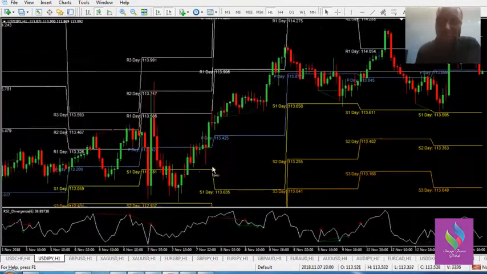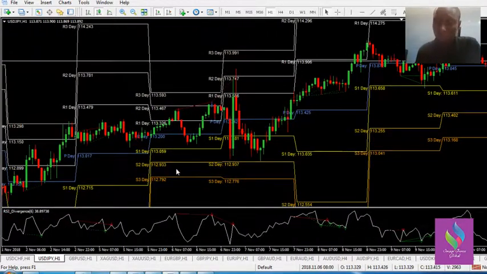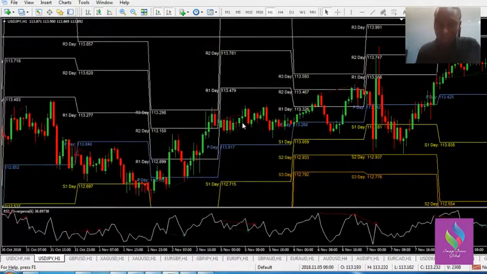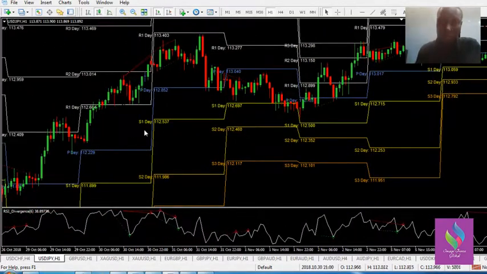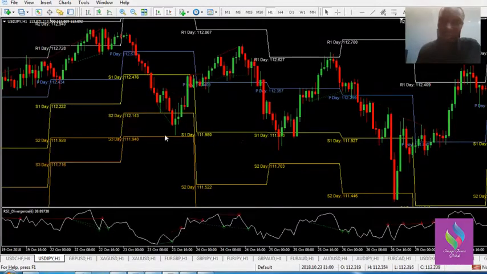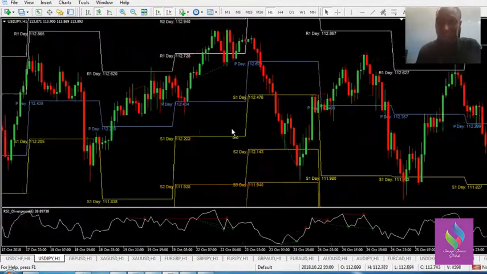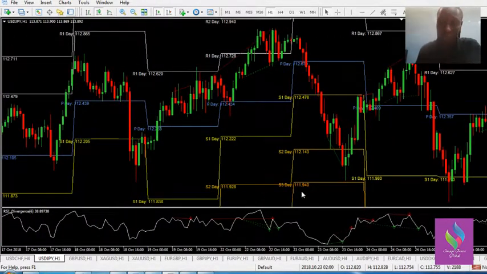Let's look for a sell position right here. Yeah, I think I should be able to get one sell position right here. Now, right here, you see the market begins to move upward, an upward trend.